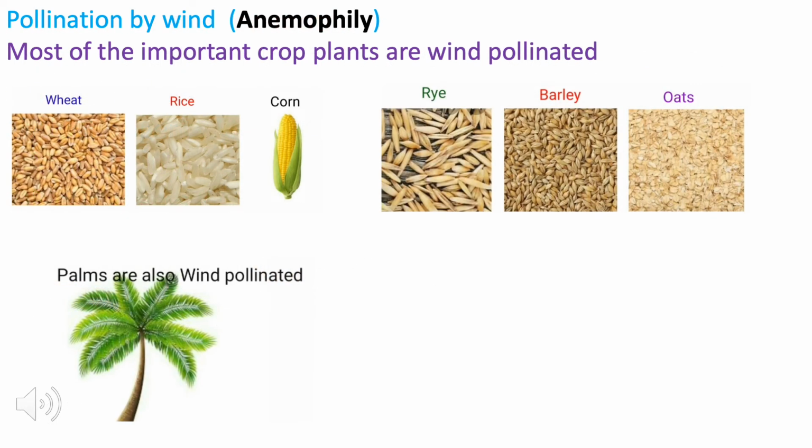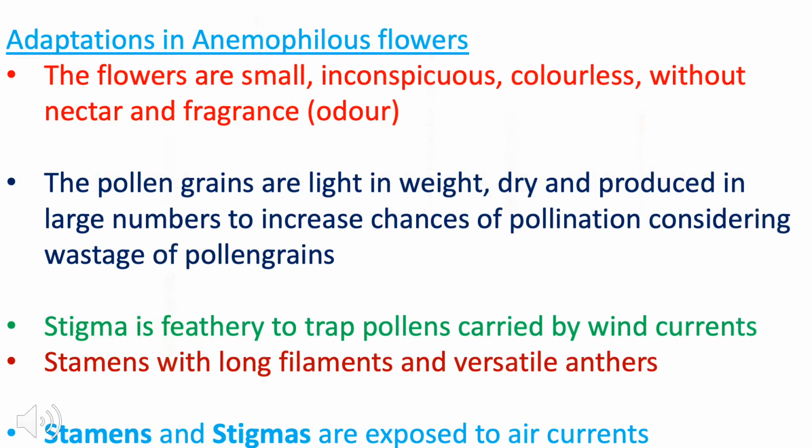Pollination by wind is also known as anemophily. Most of the important crop plants are wind pollinated. For example, wheat, rice, corn, rye, barley, oats. Palms are also wind pollinated. Adaptations in anemophilous flowers. The flowers are small, inconspicuous, colorless, without nectar and fragrance.